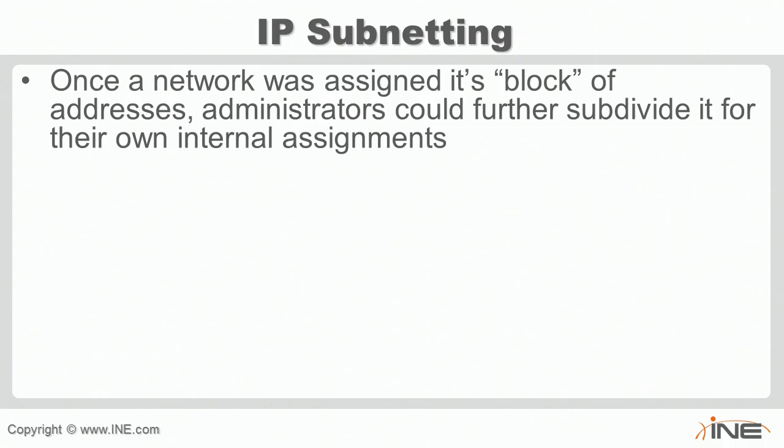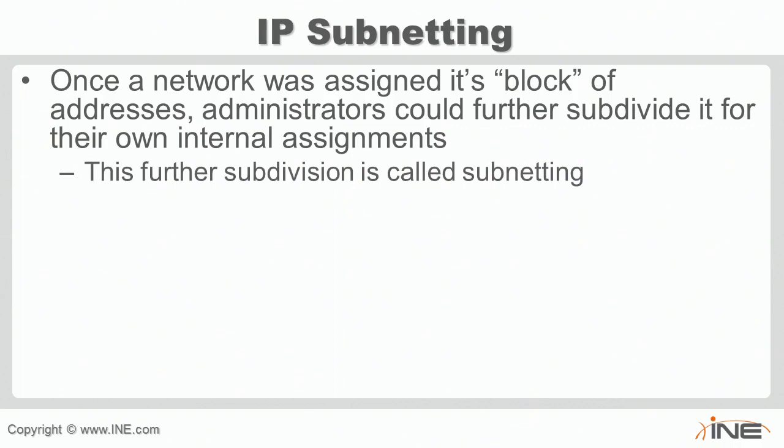When we do this, that's what the process of subnetting is called. So by breaking down the network portion of the address, we're going to create more networks, which means we're going to have less number of hosts per subnetwork, or per subnet.